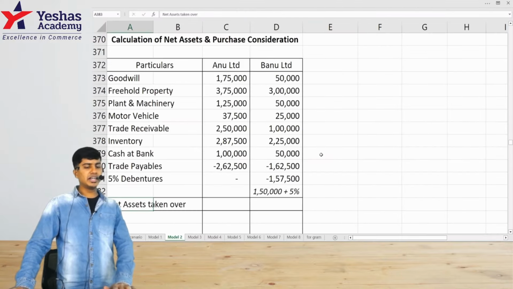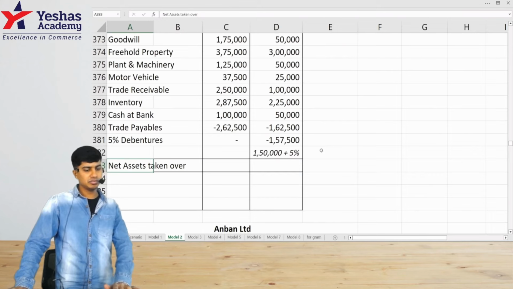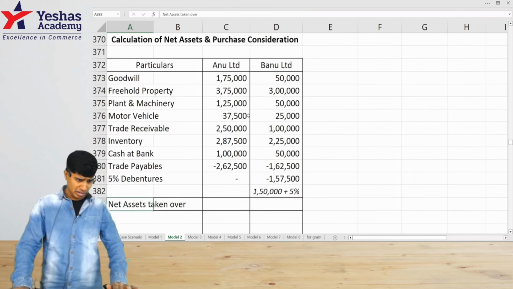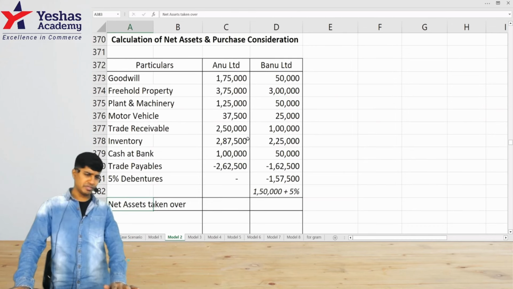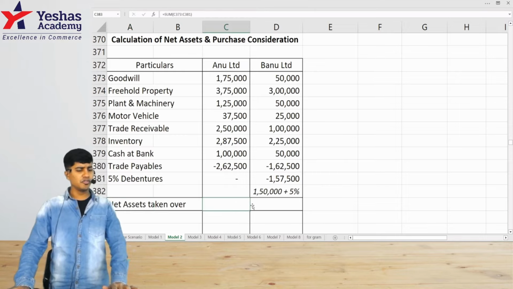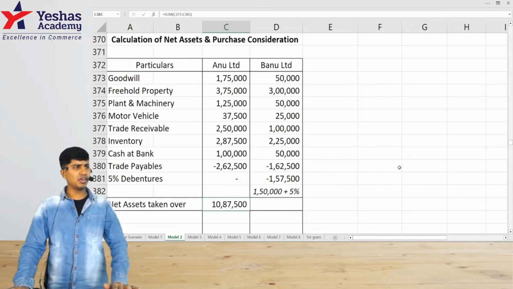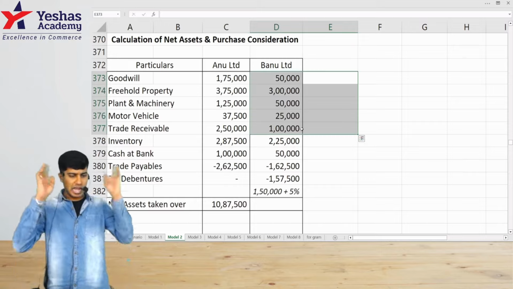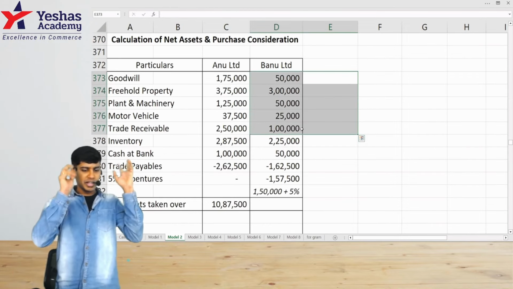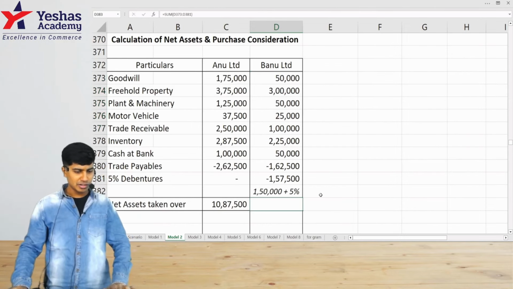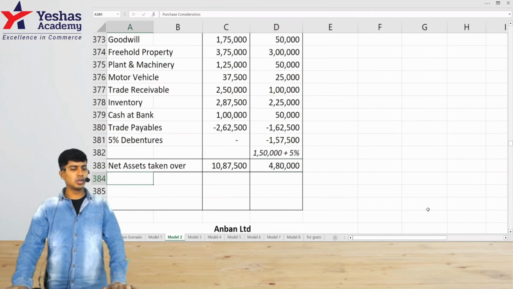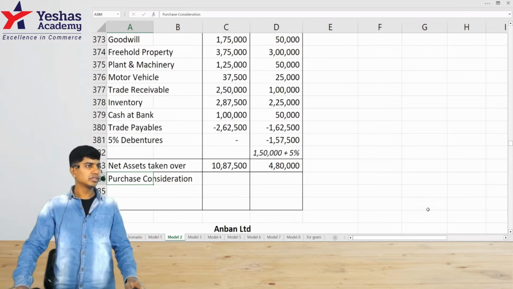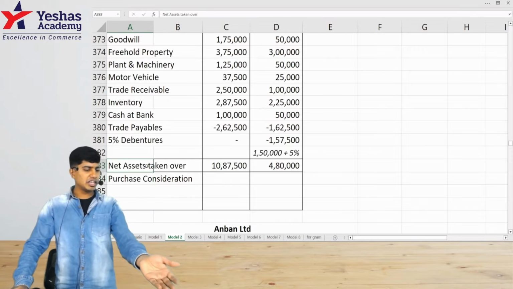Now, if you take, you will get net assets taken over, or in fact, PC only. 175 plus 375 plus 125 plus 37,500 plus 250 plus 287,500 plus 1 lakh minus 262,500. 10 lakh 87,500. 50 plus 3 lakh plus 50 plus 25 plus 1 lakh plus 2 lakh 25 plus 50 minus 162,500 minus 157,500. 480. That is the total extent to which they should give PC. It includes goodwill.